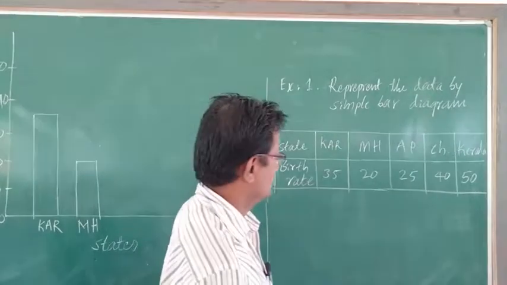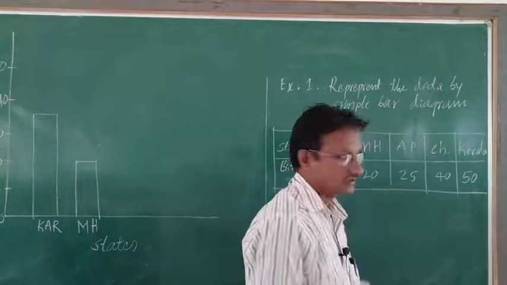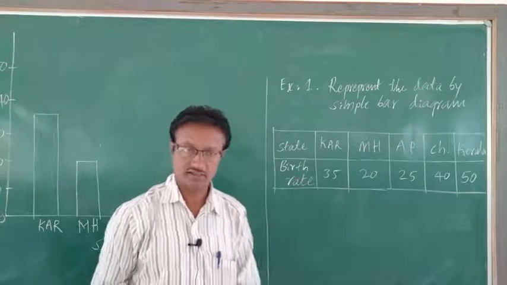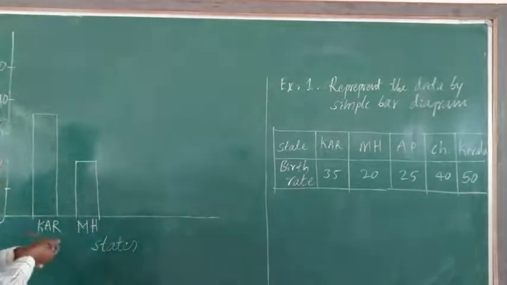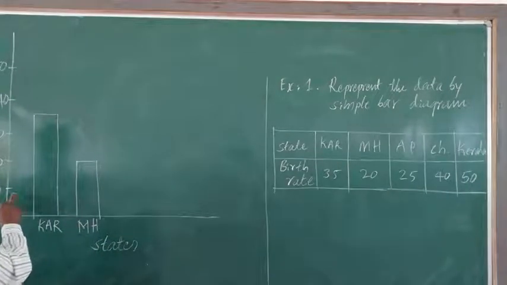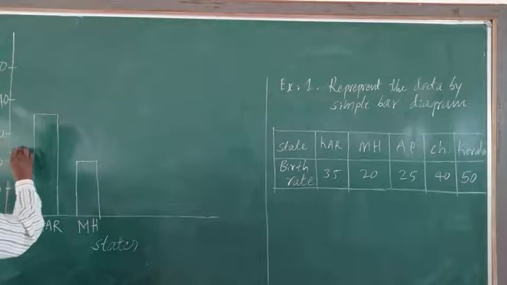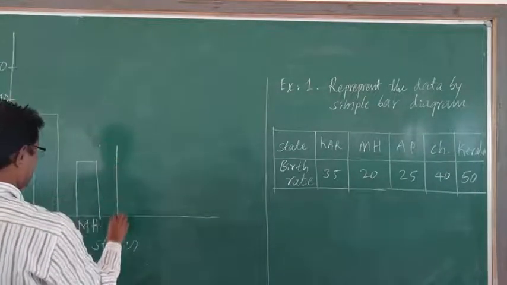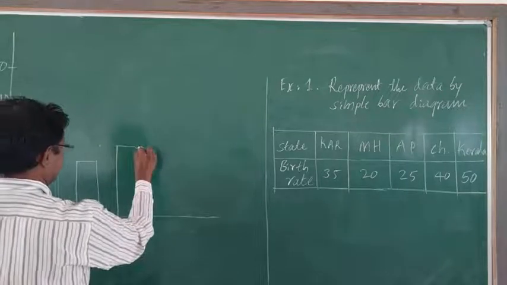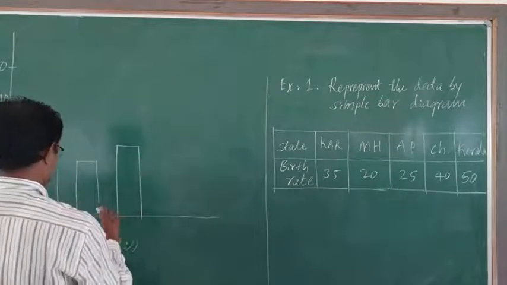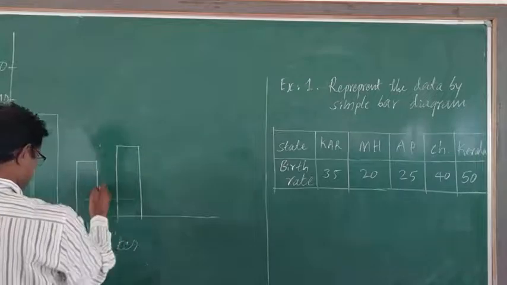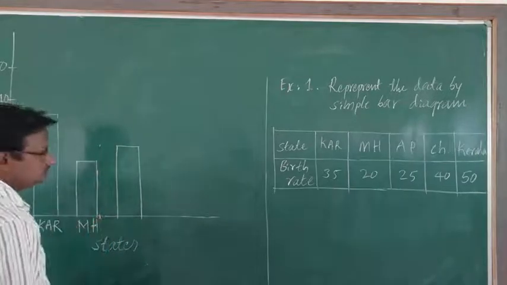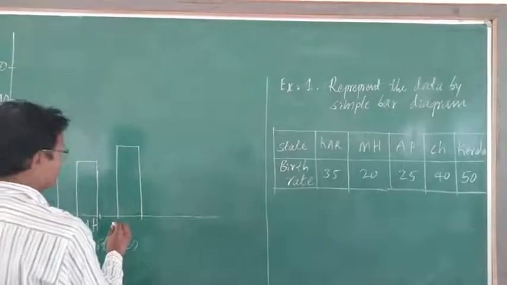Next, birth rate is 25 corresponding to the state Andhra Pradesh. So 25 is between 20 and 30. So for 25 we have to construct another bar. This is for the state Andhra Pradesh.